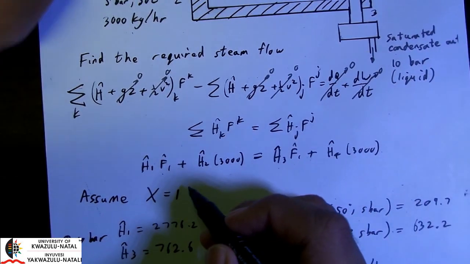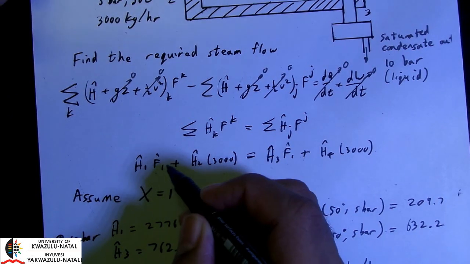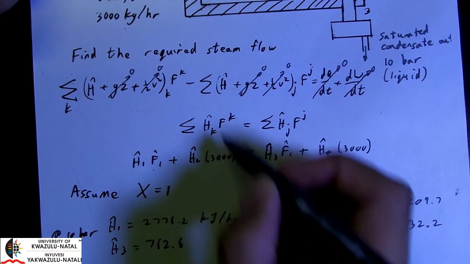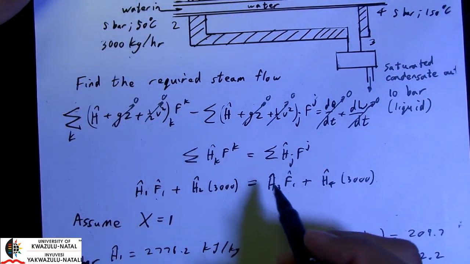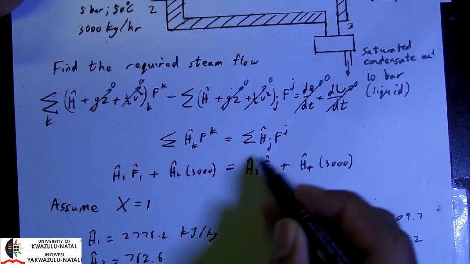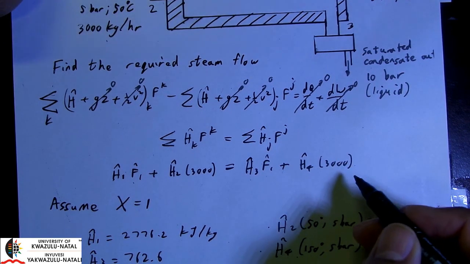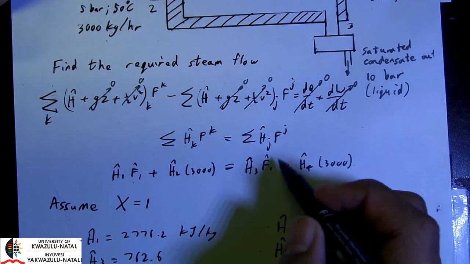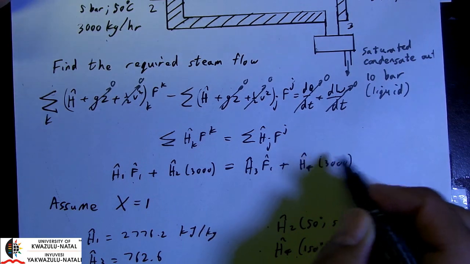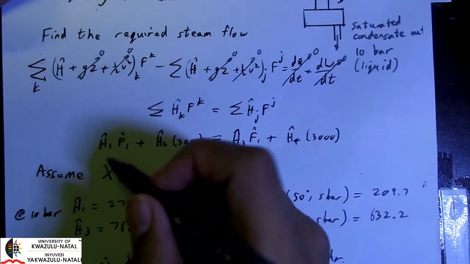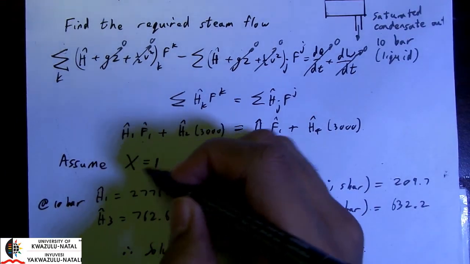And if we expand this, we have H1 F1 plus H2 times 3000. Okay, we know the mass flow rate, and that's equal to H3 times F1 plus H4 times 3000. Okay, F3 is of course equal to F1 and F4 is equal to F2. So we are assuming a steam quality of 1.